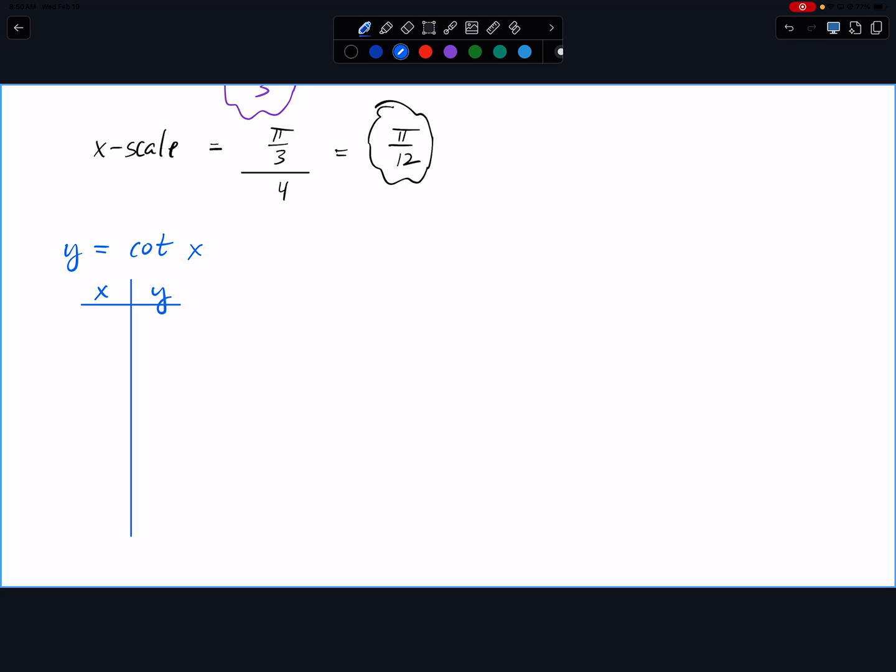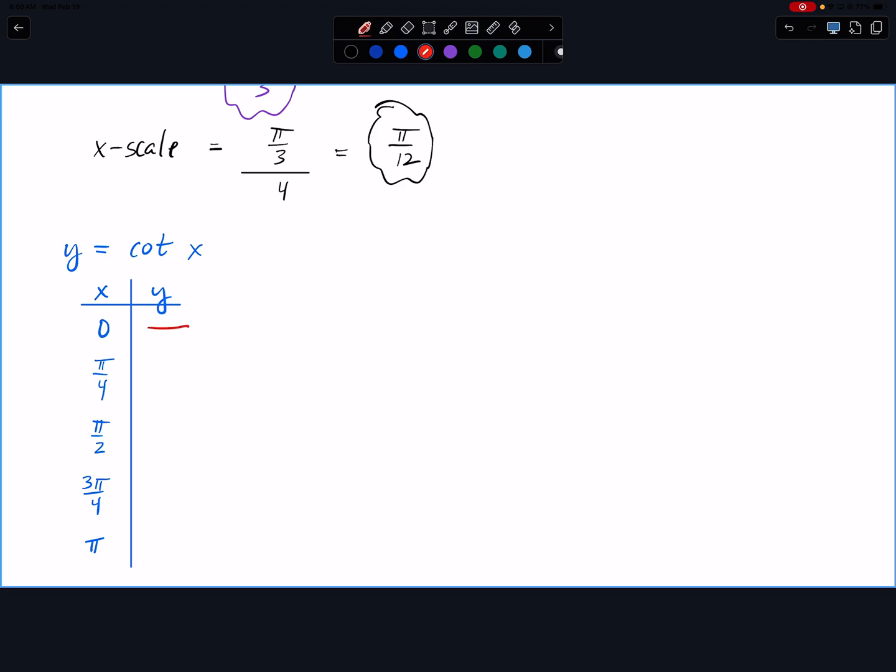Pi. So what would be a really smart value to pick first? 0. Okay, so I'm going to start with 0. And then what are we going by on cotangent and tangent? Pi over 4. Good. So pi over 4, pi over 2, 3 pi over 4, and then pi.